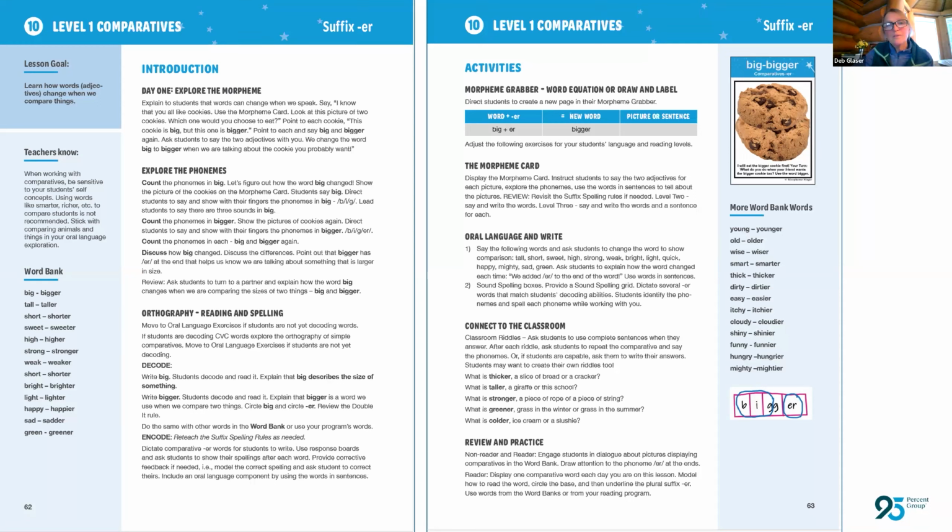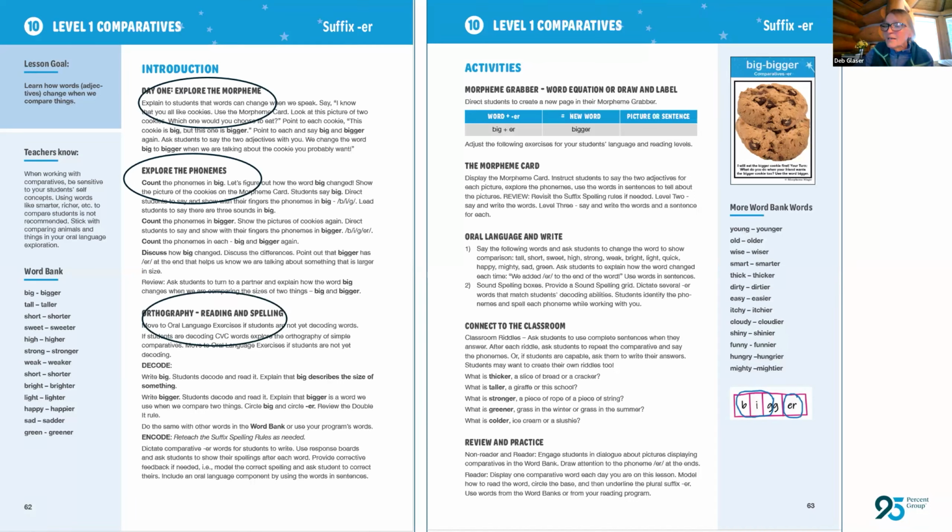form of this word. Lots of work with the inflectional suffixes. There is always exploring the morpheme through word and word samples, exploring the phonemes. What are the phonemes in these words? How did this word big change when we say bigger?